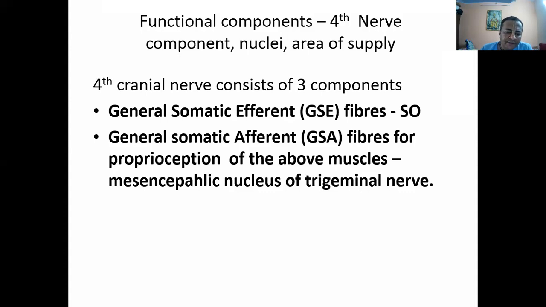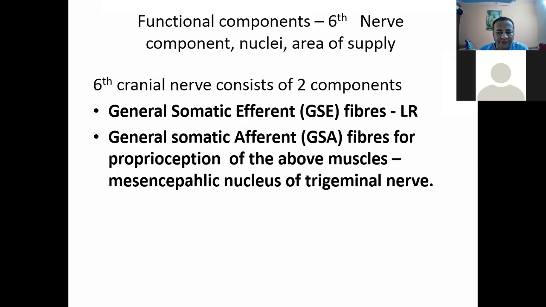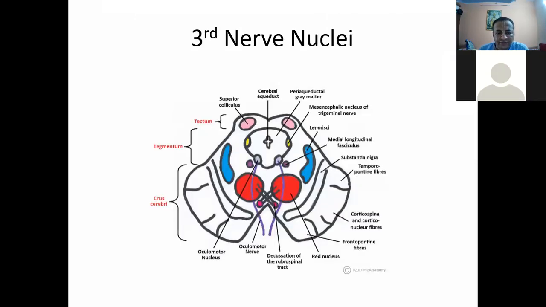General somatic efferent will be for superior oblique muscle. So fourth only supplies superior oblique muscle. Sixth only supplies lateral rectus muscle. It will only have two components: general somatic efferent for supplying lateral rectus muscle of the eyeball and general somatic afferent for proprioception of the above muscle.